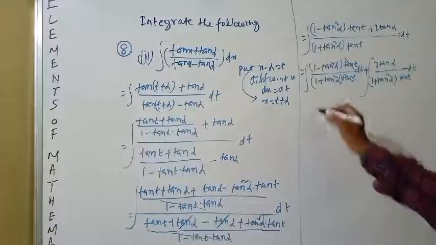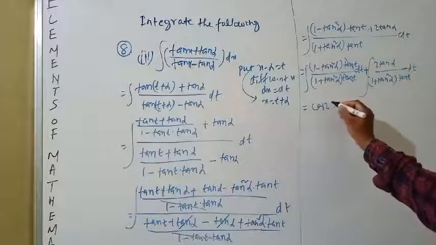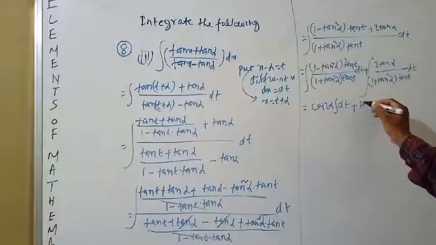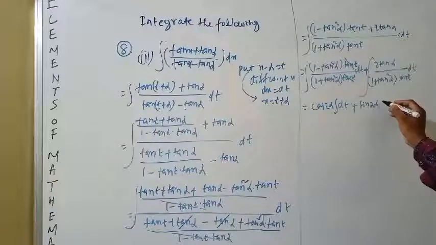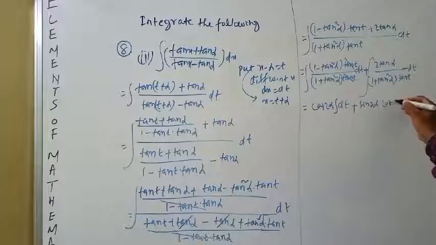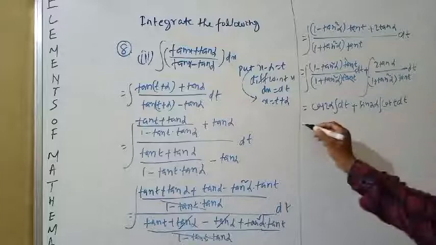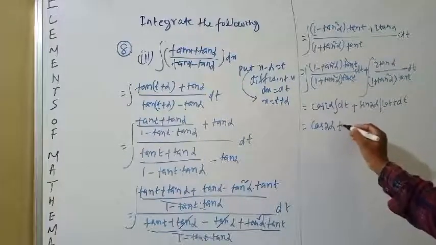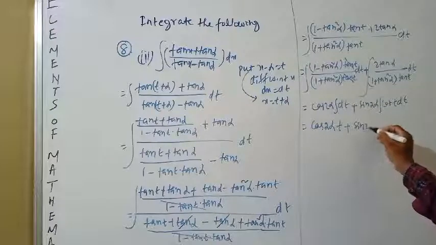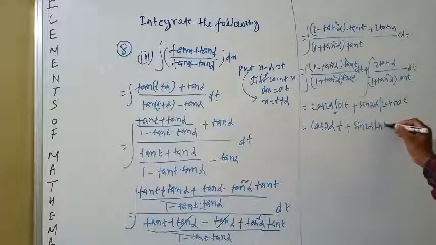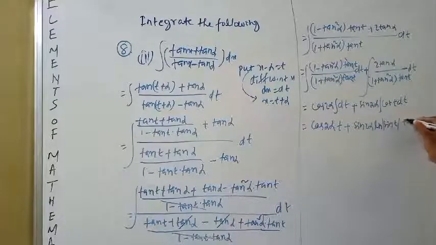This is equal to cos 2 alpha integration of dt, plus sin 2 alpha. You see here tan t is given, 1 by tan t, that is cot t dt. So cos 2 alpha integration of dt is t, plus sin 2 alpha integration of cot t, that is ln sin t, plus c.